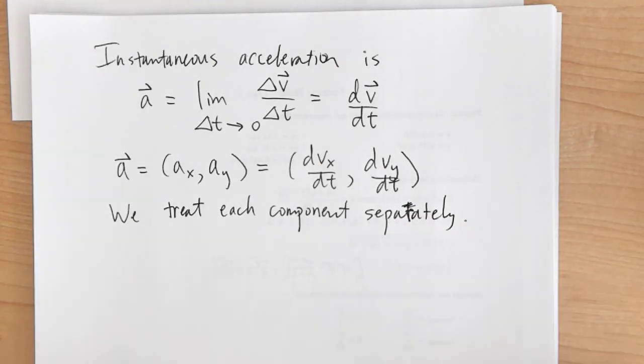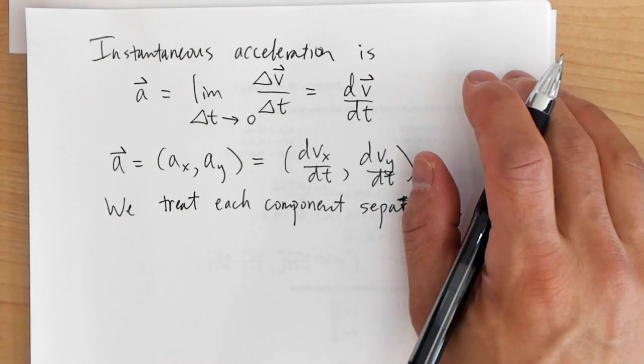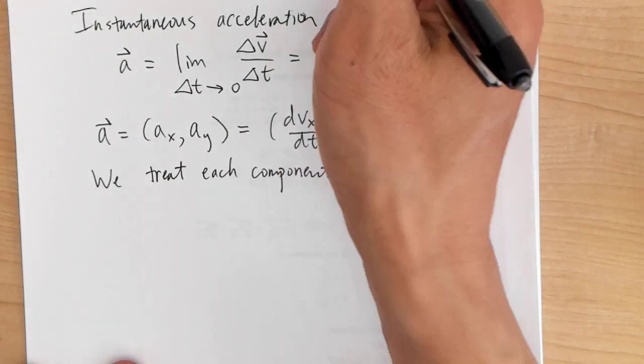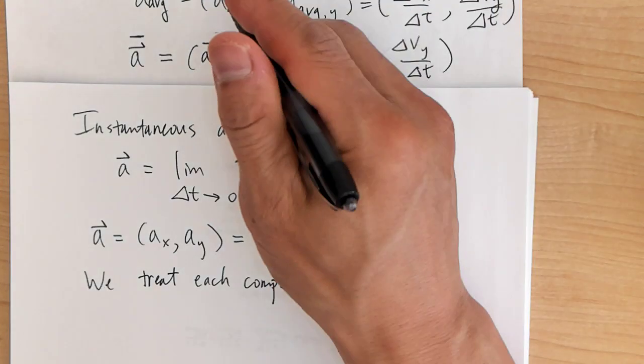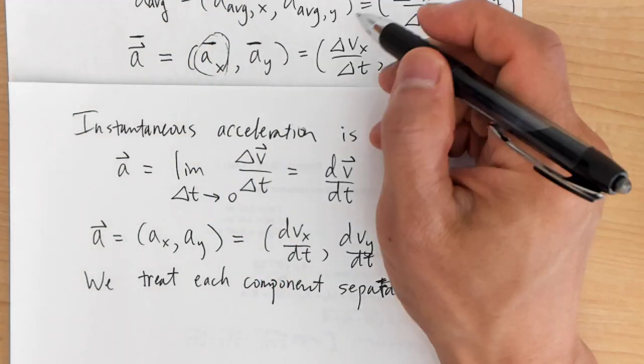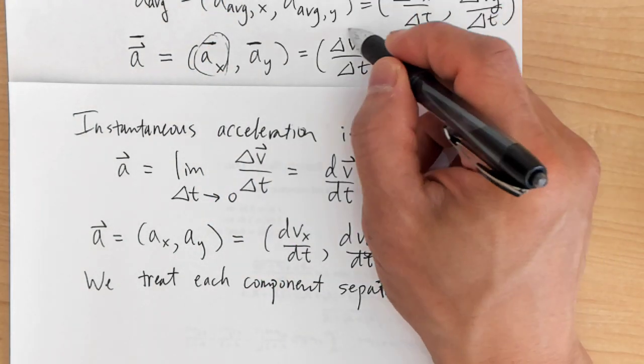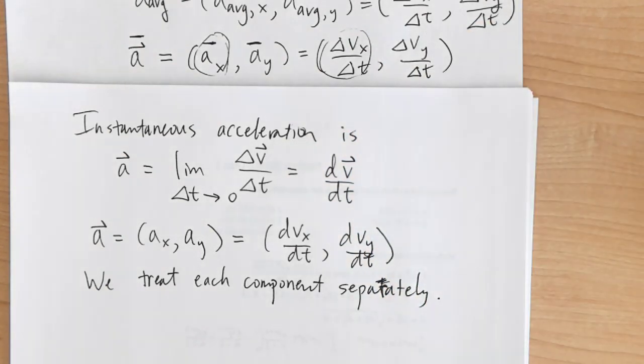If you wanted to see that written out explicitly, if you're still a little shaky on this, the x component of the average acceleration is delta Vx over delta t.